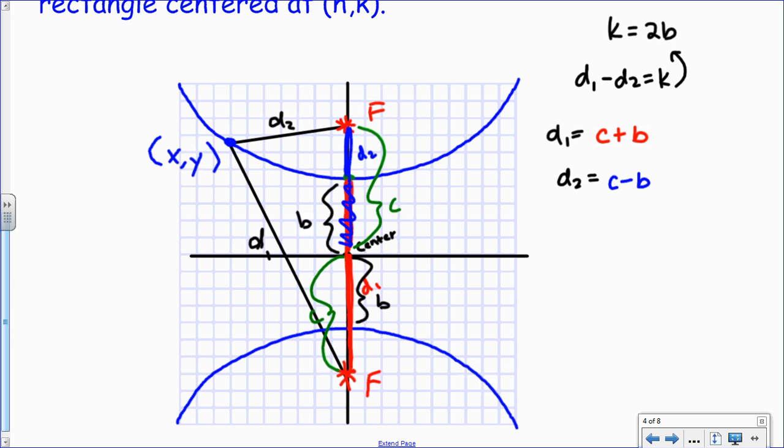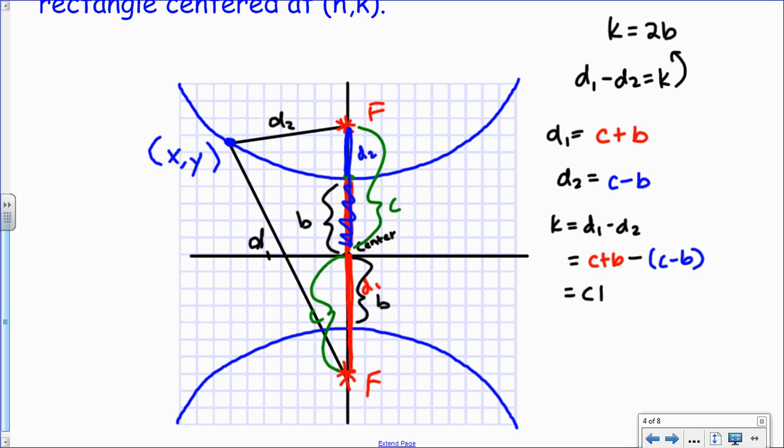So if K is distance 1 minus distance 2, that's C plus B for distance 1 minus C minus B. Since I'm subtracting that whole thing, I have to have it in parentheses.